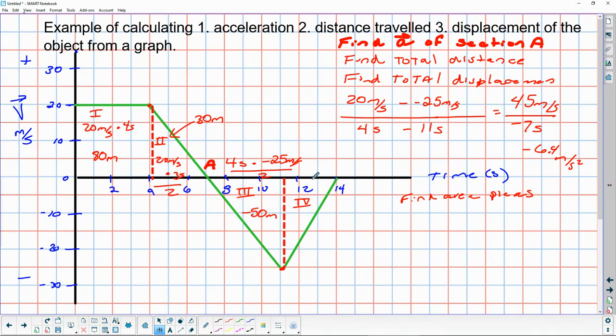This one goes from 11 to 14, that's only 3 seconds. Its height is the same as the other triangle, negative 25 meters per second. Because it's a triangle, we have to divide by 2. So we've got negative 75 divided by 2, which would be 37.5, negative 37.5 meters.